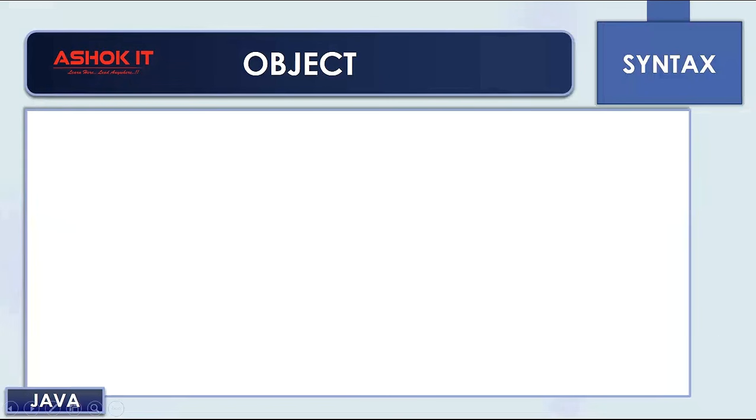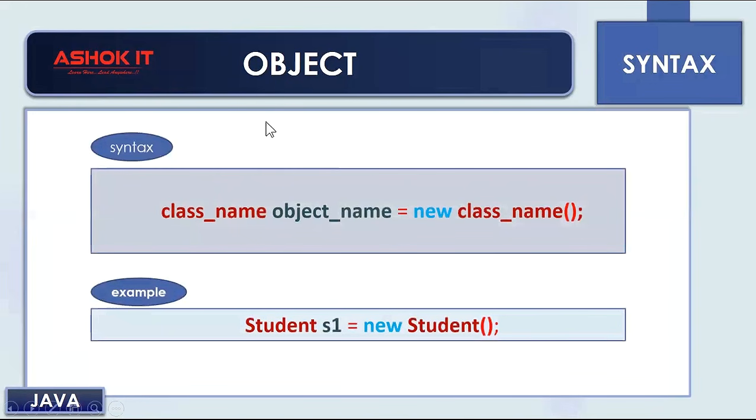Next we will see how to create an object for a class. The syntax to create an object for the created class is the class name followed by the object name, the equal to symbol, the new keyword followed by the class name and parenthesis, and a semicolon. In the previous screen, you saw that we created the Student class.